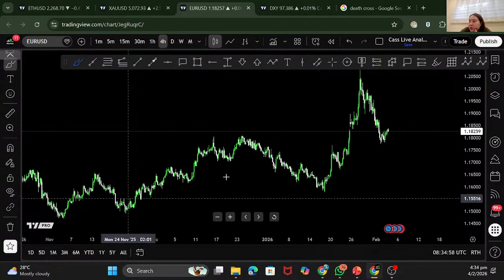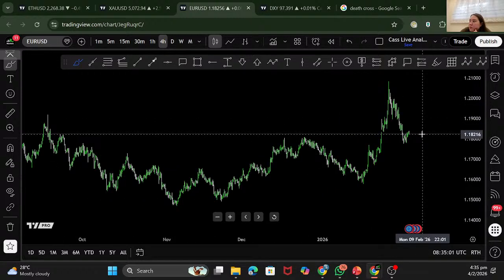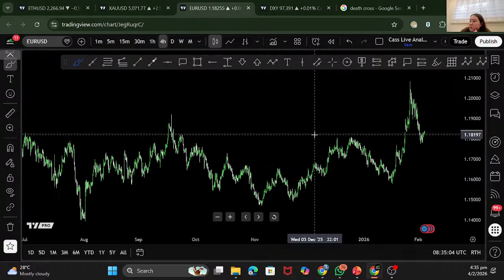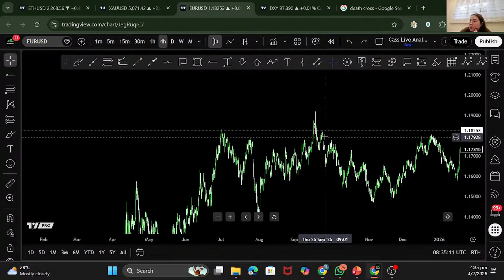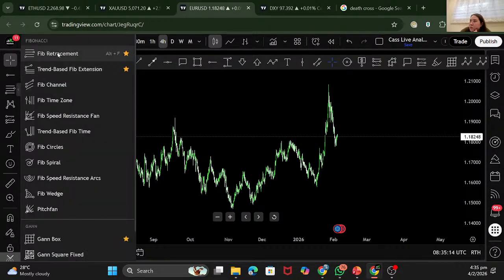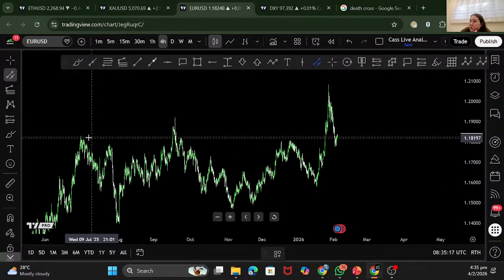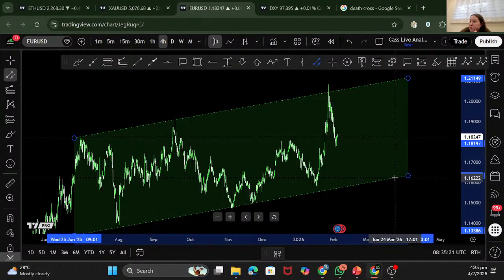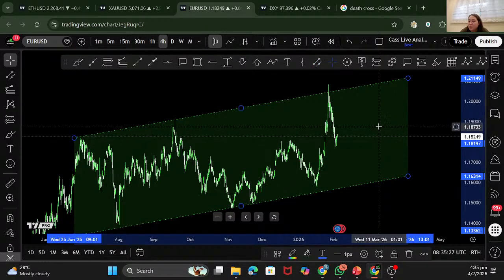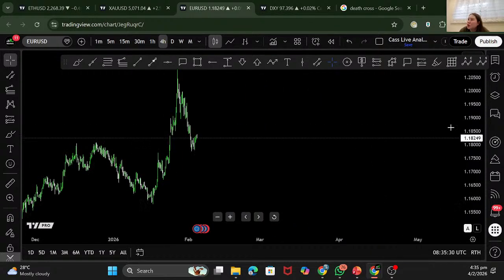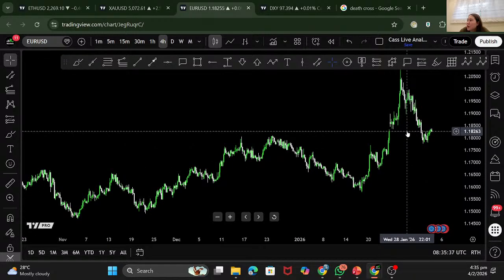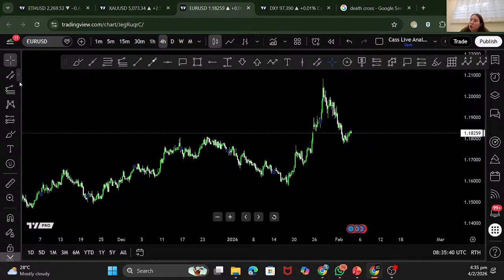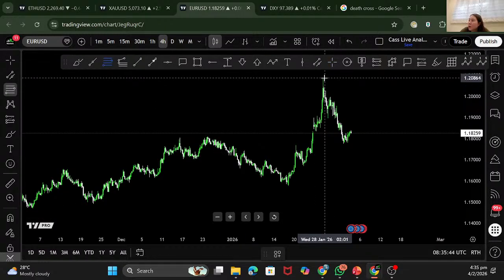Let me remove everything. Okay. I think for a very, very short term, I can probably consider getting in for a very short sell. Is this going to be the sell that pushes price all the way down?